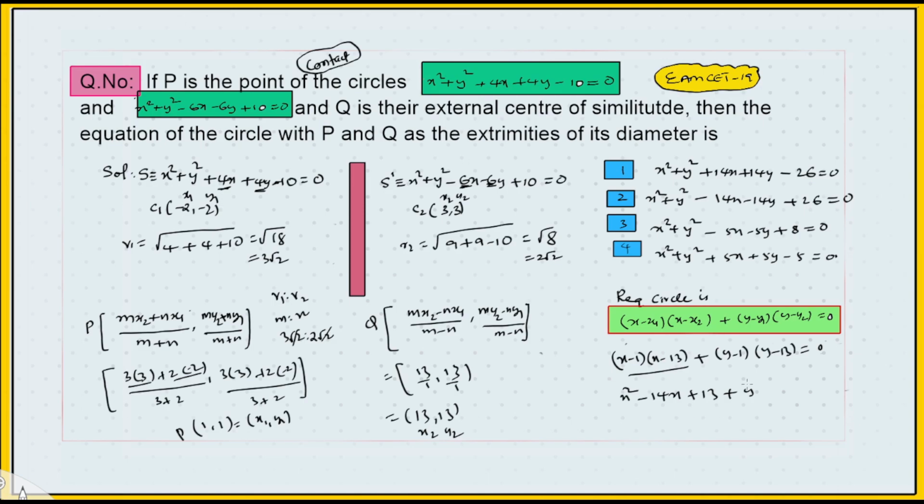Similarly y square minus 14y plus 13. Writing in order, x square plus y square minus 14x minus 14y, and 13 plus 13 is 26, equals 0. Is any option there? Yes, the second option is the right option.